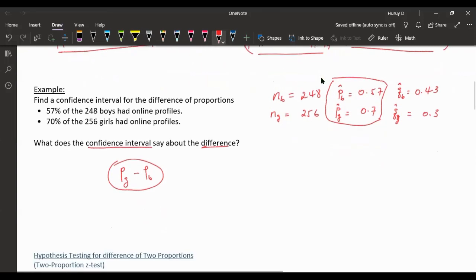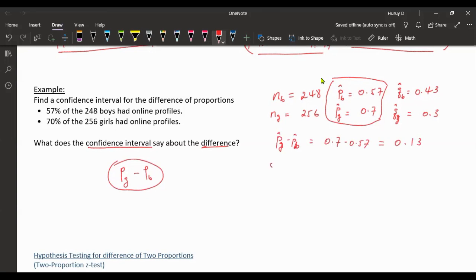Therefore, using the formula, p hat 1 minus p hat 2, well, still I'm using the numbers, is 0.7 minus 0.57, and this is 0.13, I guess, yeah.